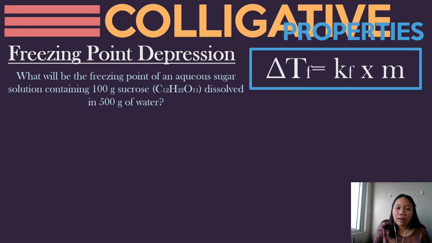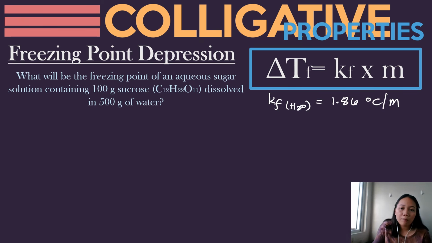By the way, you have to memorize as well the K sub F value of water. If the K sub B of water is 0.52, the K sub F of water is 1.86 degrees Celsius per molal. Okay, so tatandaan natin yan. We already have your K sub F. Now we're just looking for your molality.